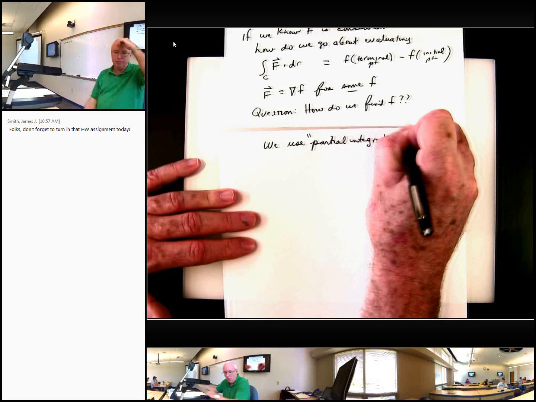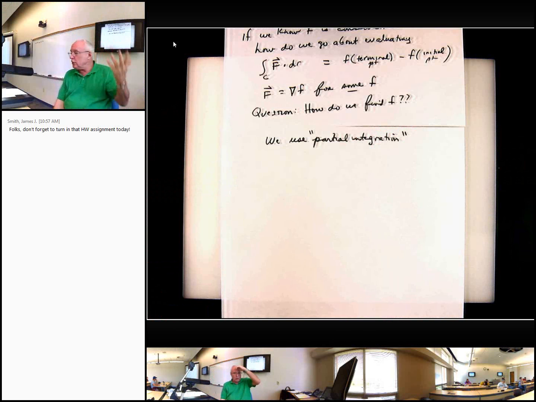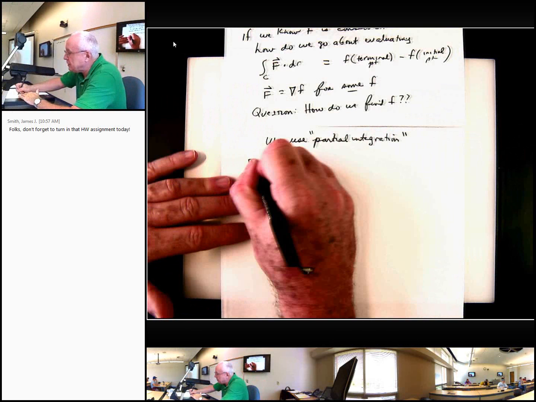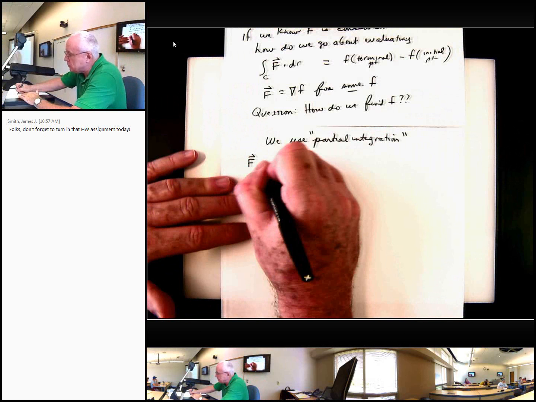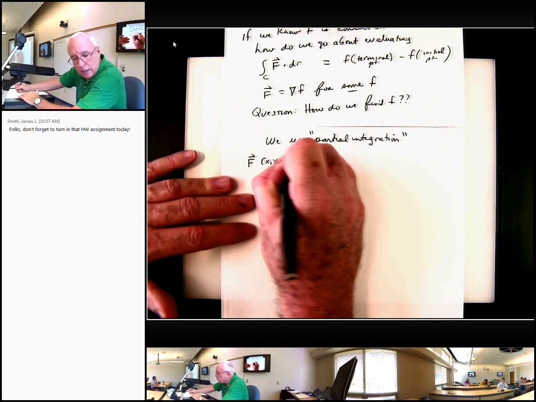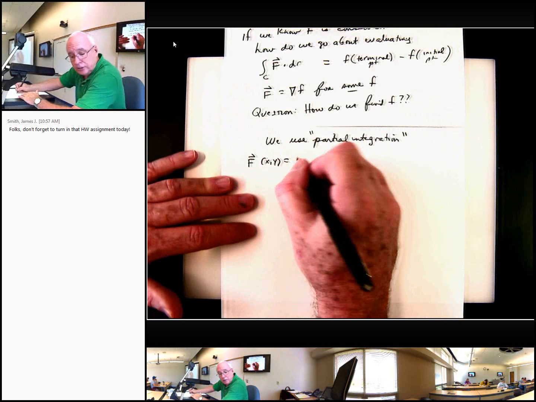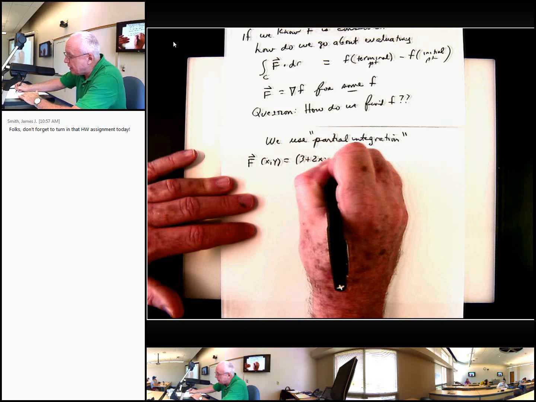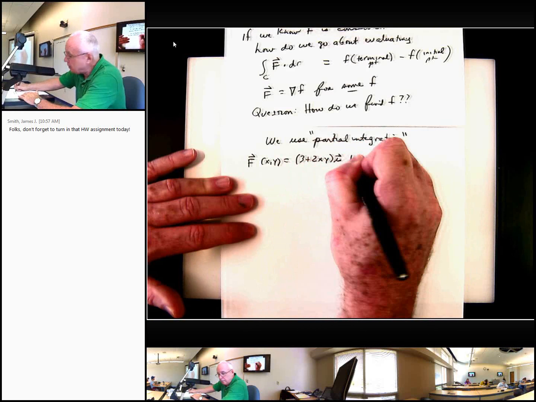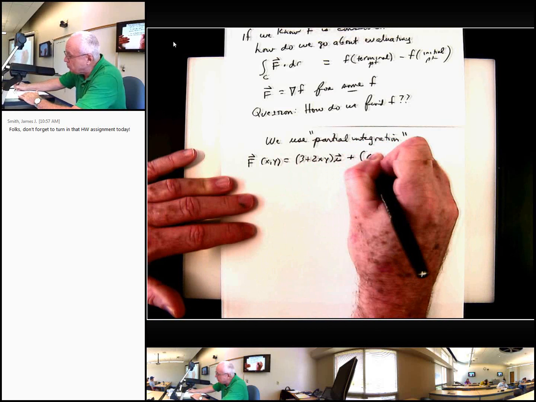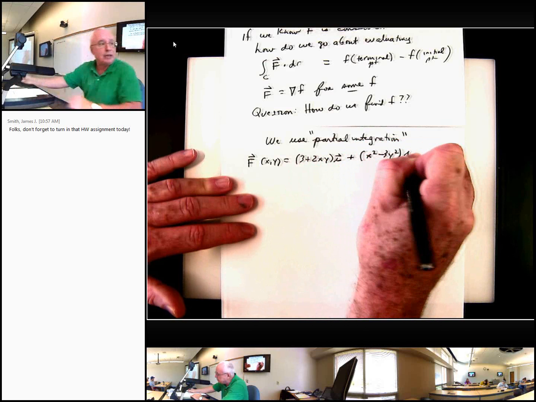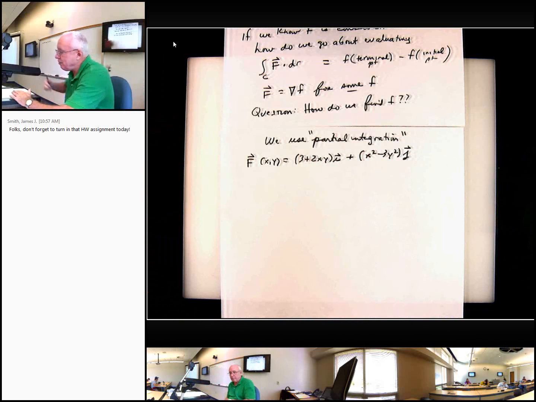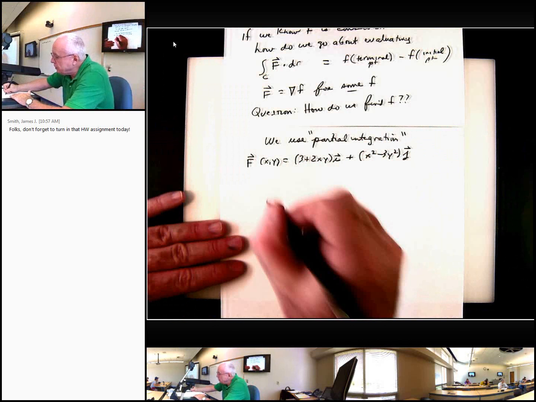All right. So we're going to do that with this field that we were given. Let me put down this field again, F(x,y) equaling the one that we found that was conservative, 3 plus 2xy times the i vector plus x squared minus 3y squared times the j vector. Now, we know it's conservative.